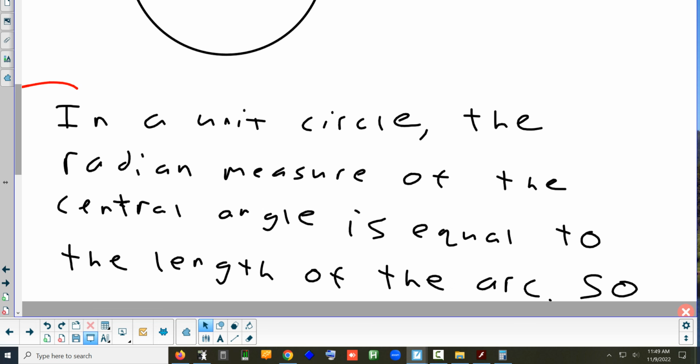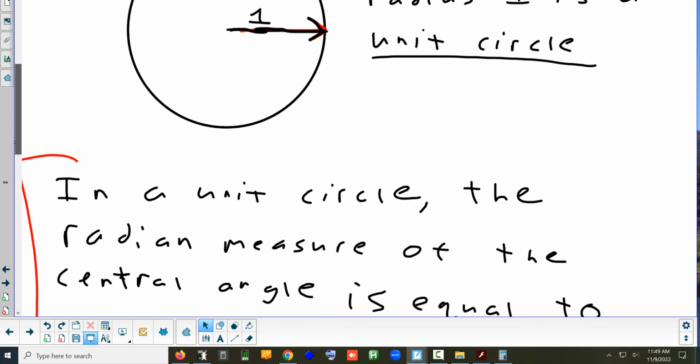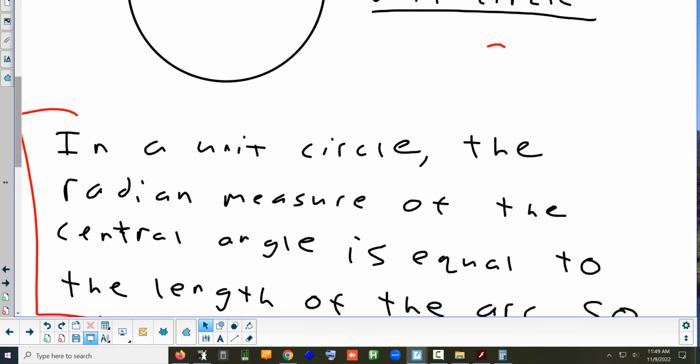And this is the fact we're going to use. In a circle of radius 1, if you measure the angle in radians, it comes out exactly equal to the length of the arc. So this is a unit circle.